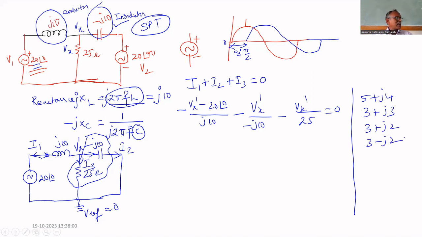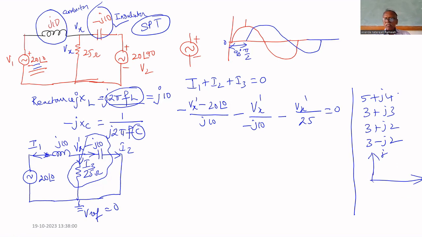We know that the real number and the imaginary number are 90 degrees out of phase. So if this is the real axis, this will be the imaginary axis, the J axis.